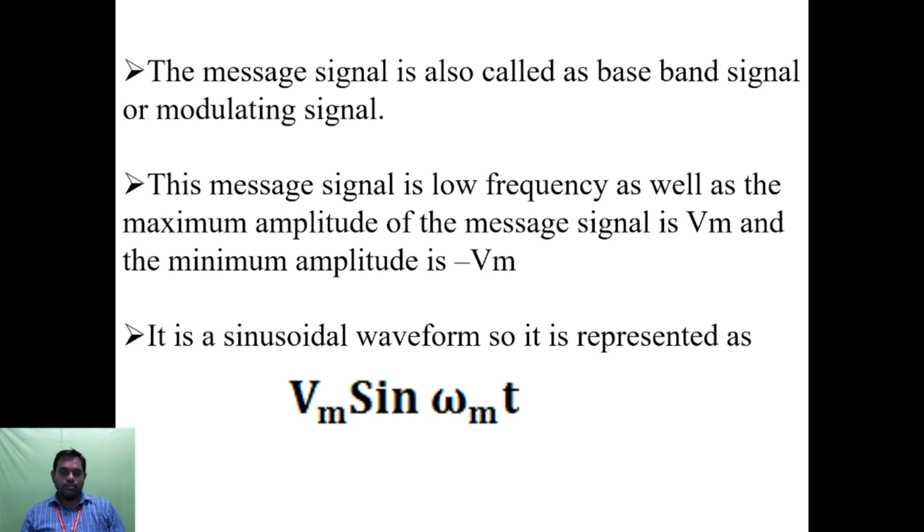It is a sinusoidal wave, so it is represented by Vm sin omega m t. Here Vm is the amplitude of the modulating signal, omega m is the angular frequency of the modulating signal, and T represents the time period of the signal.